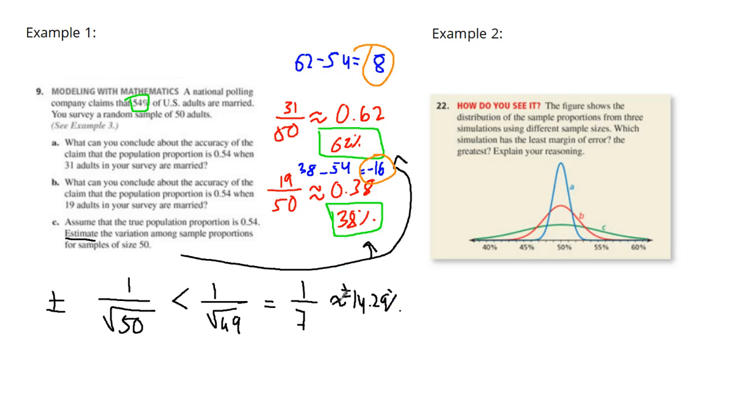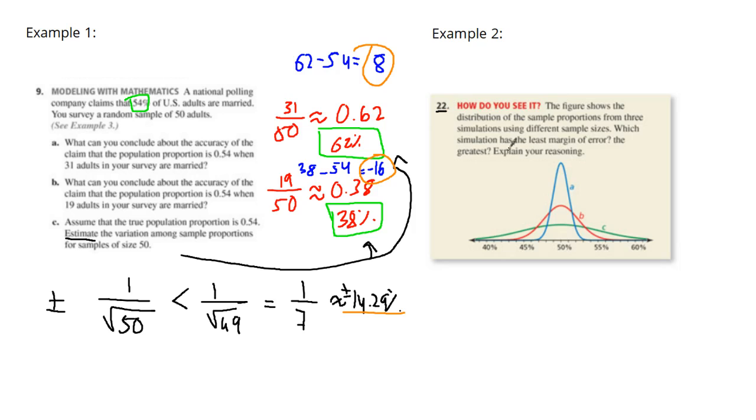So if this is way out of even that big margin of error, then you can conclude that either this isn't an accurate claim or your experiment's flawed, your survey's flawed, right?